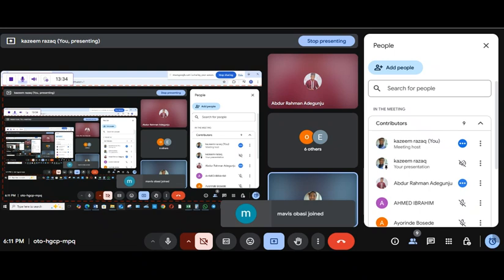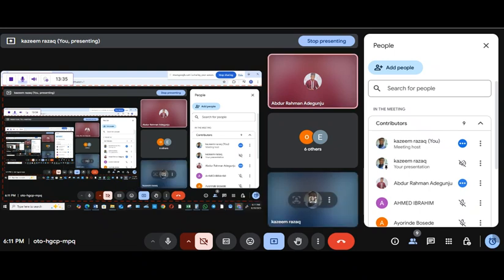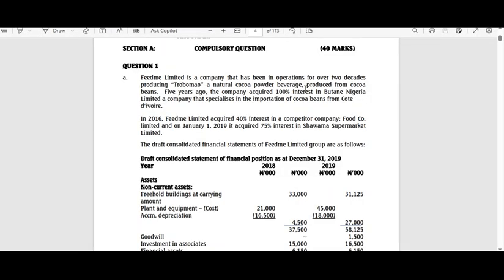Feed Me Limited is a company that has been in operations for over 2 decades, producing Trobamo, a natural cocoa powder beverage produced from cocoa beans. 5 years ago, the company acquired 100% interest in Bhutan Nigeria Limited, a company that specializes in the importation of cocoa beans from Cote d'Ivoire.